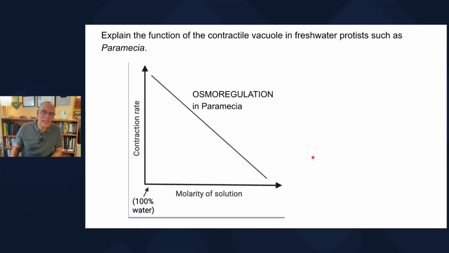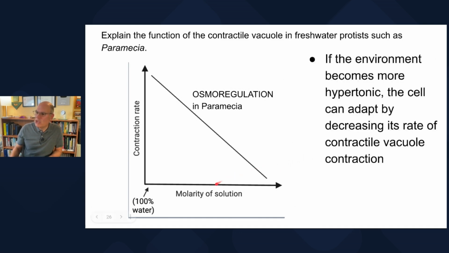You can actually experimentally manipulate this in a lab, and it's fun and easy to do. You can change the molarity of the solution that the paramecium is in. When it's in pure water, distilled water, for example, the contractile vacuole will be contracting at its maximum rate.